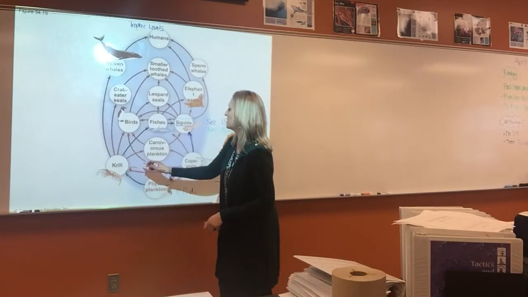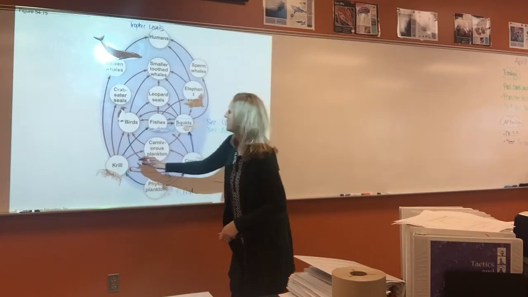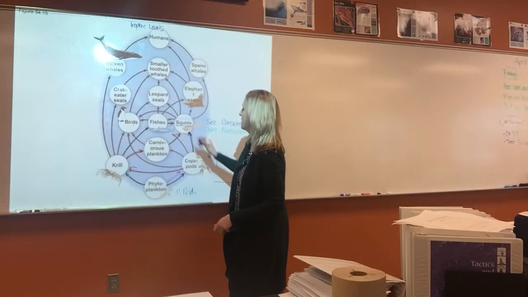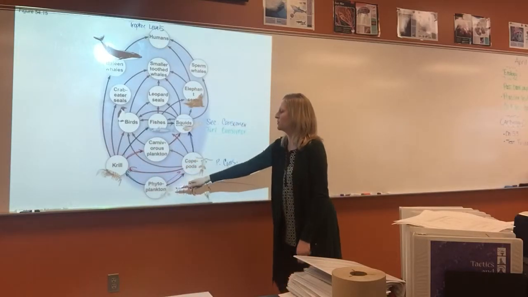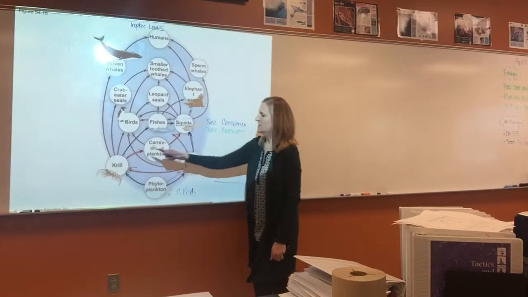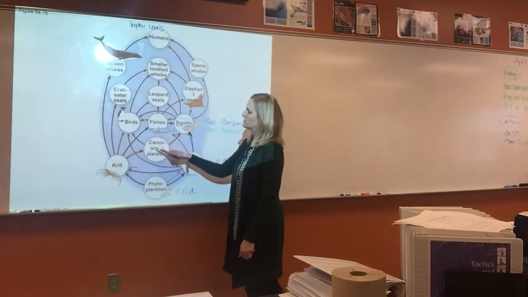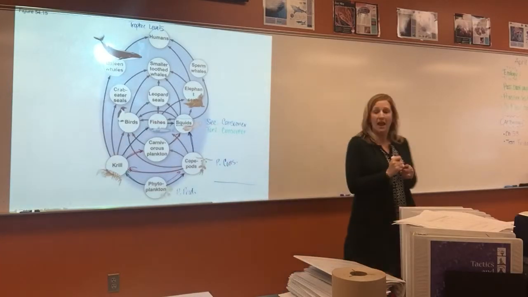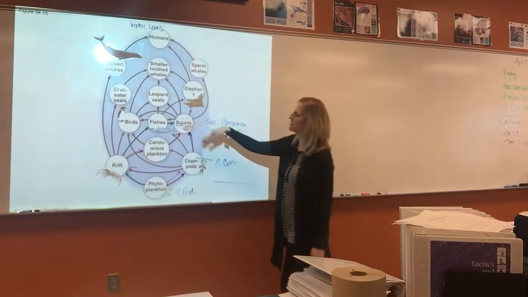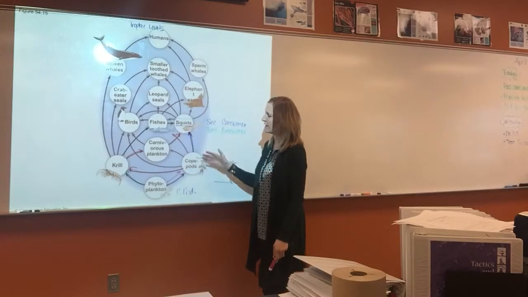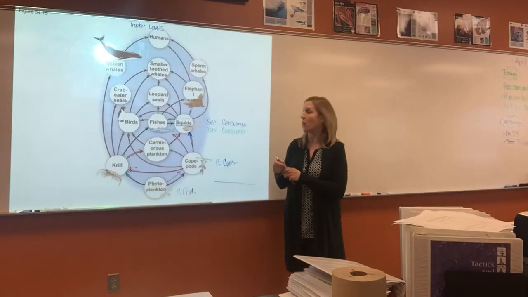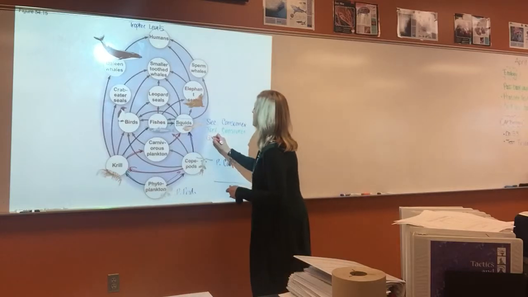To the krill, to the what? Carnivorous plankton, then to the squid? All right, so this is primary producer, primary consumer, secondary consumer, tertiary consumer, quaternary consumer, absolutely. And so the squid, depending upon what it's eating, is part of a different trophic level, so we could add quaternary consumer as well on there.